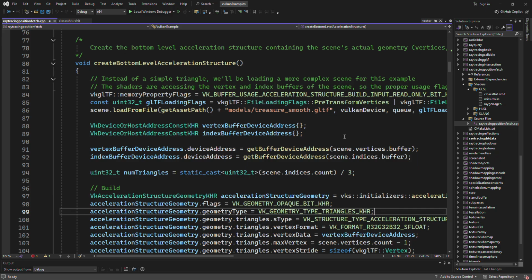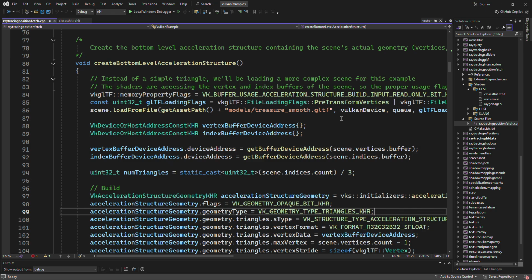And guys, we know the bottom level acceleration structure is always the geometry, the vertices of the objects that we are using in our application. So we create the bottom level acceleration structure containing the scene's actual geometry. If you're talking about multiple instances of whatever object we created with the bottom level acceleration structure, then we're talking about the top level acceleration structure.